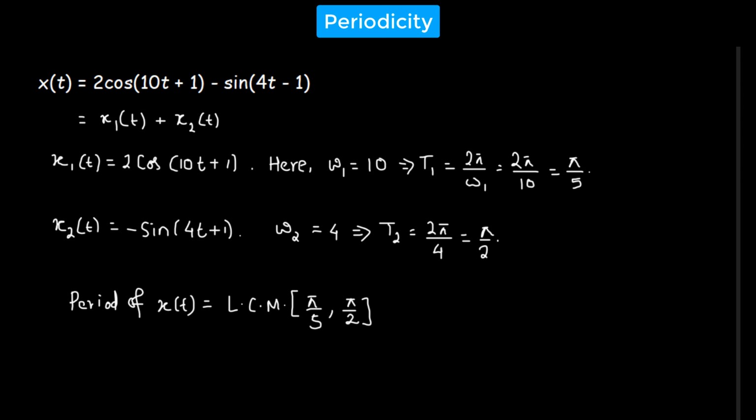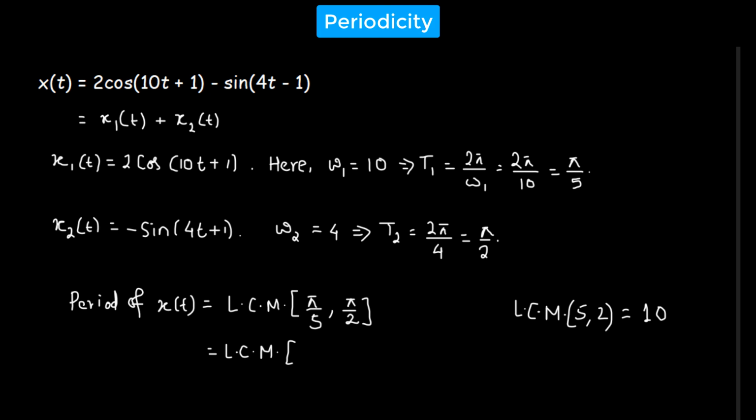In order to find the lowest common multiple of two fractions, we first find the lowest common multiple of the denominators, which are 5 and 2. The lowest common multiple of 5 and 2 will be 10. Now we write the fractions so that they have the same common denominator of 10.